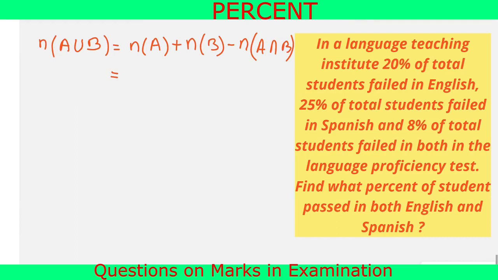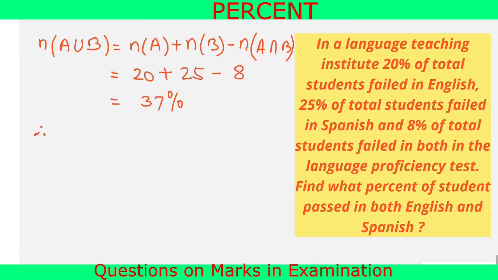So number of students failed in English is 20%. So we write 20 plus 25 failed in Spanish minus 8 failed in both. This is equal to 45 minus 8, which is 37%.